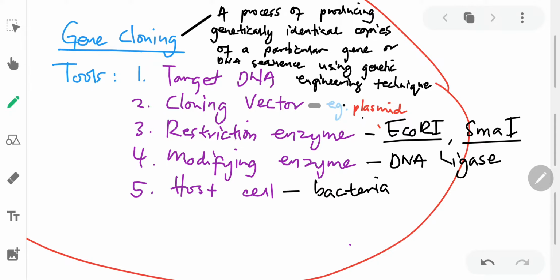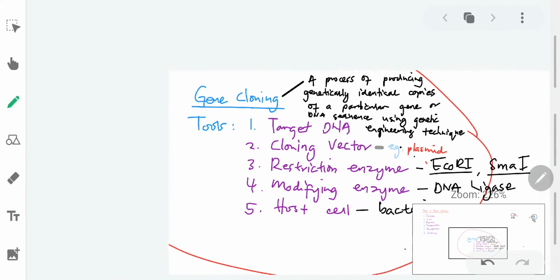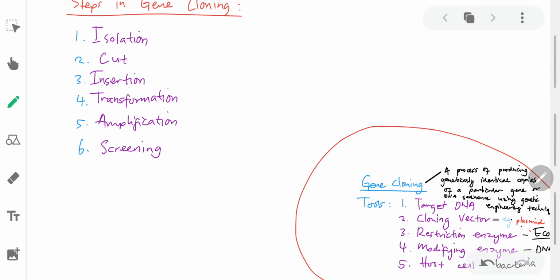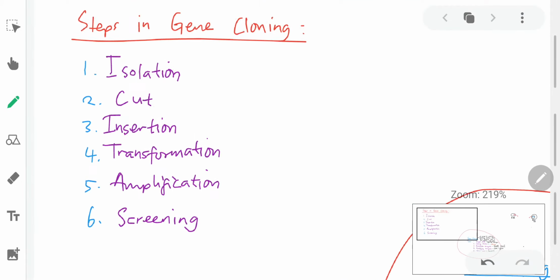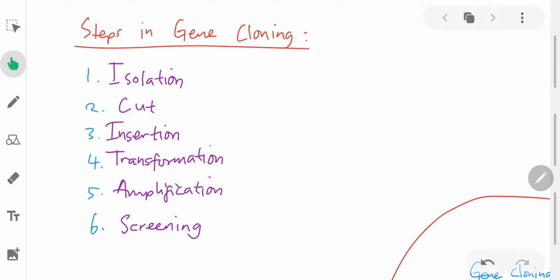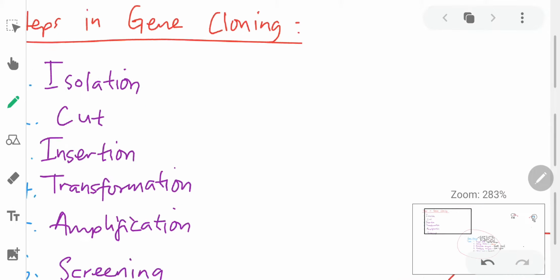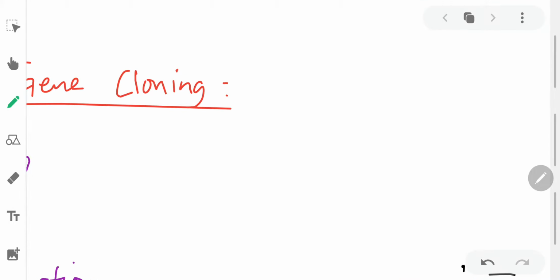Now, what are the steps in gene cloning? There are 6 steps in gene cloning. First is isolation, cut, insertion, transformation, amplification, and screening. To remember the steps in gene cloning, you just remember ICITAS, ICITAS.